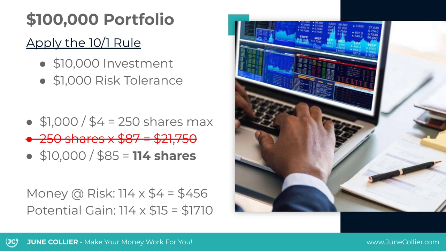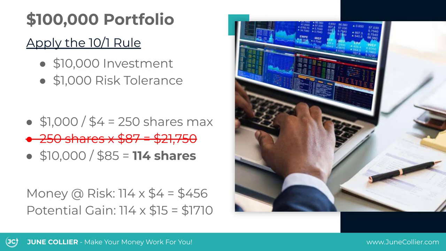250 shares times $87, which is the cost of the stock, is $21,750. We cannot spend that much because we are limited to spending only $10,000 on any one investment. So to determine the maximum shares we can buy, we now have to divide $10,000 by $87, which is the price of the share, which gives us 114 shares.